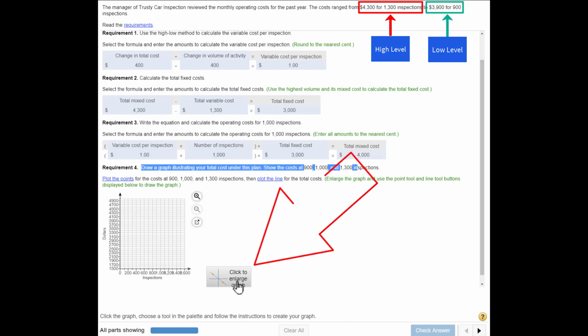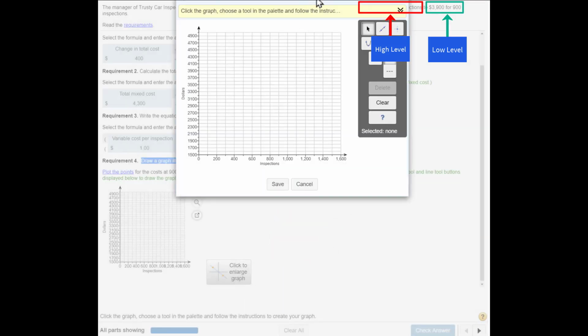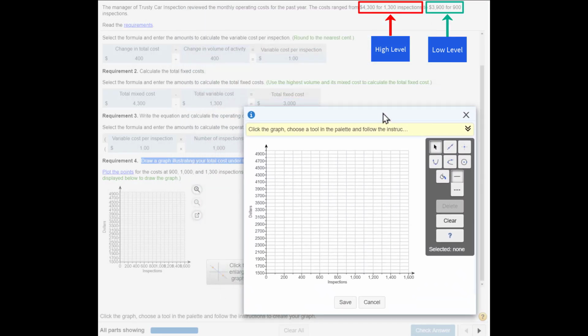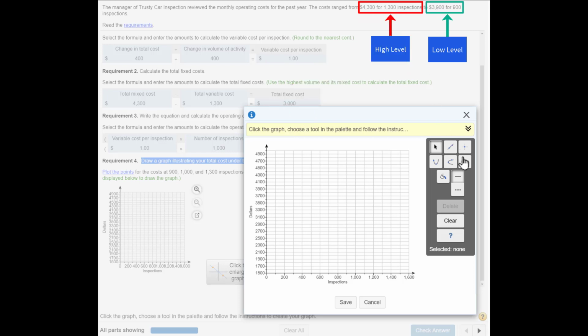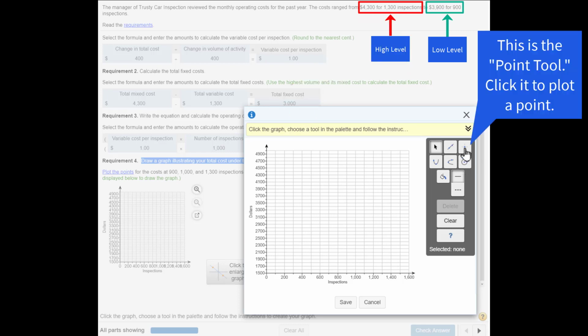So the first step is to click this to enlarge the graph. And the first thing we're going to do is graph the costs at the point of 900. So 900 inspections gives us $3,900 of total costs. So the first thing we need to do is click the point tool.